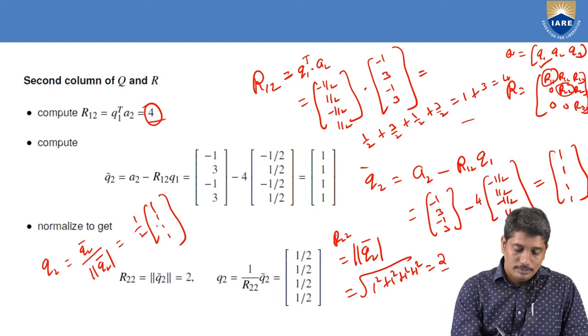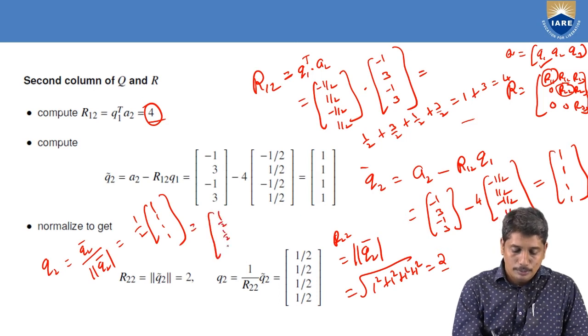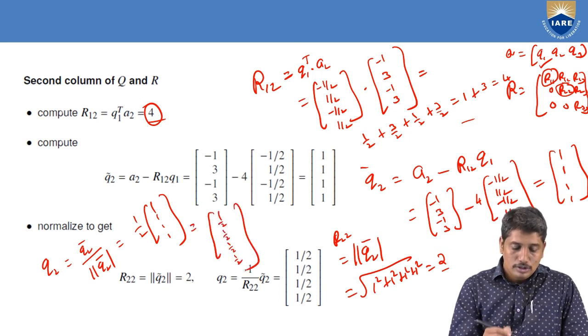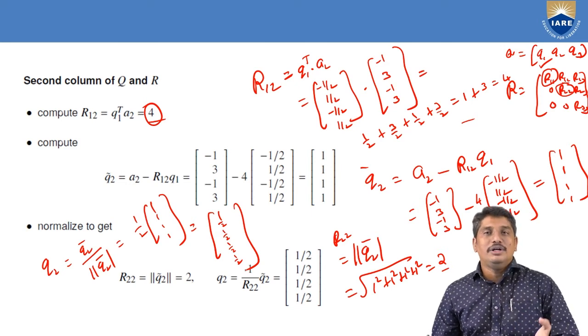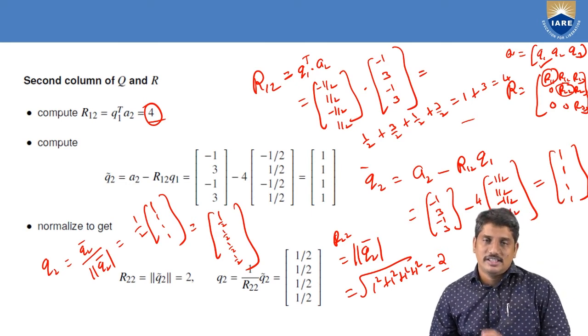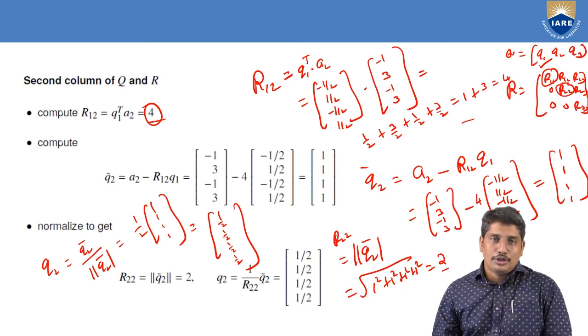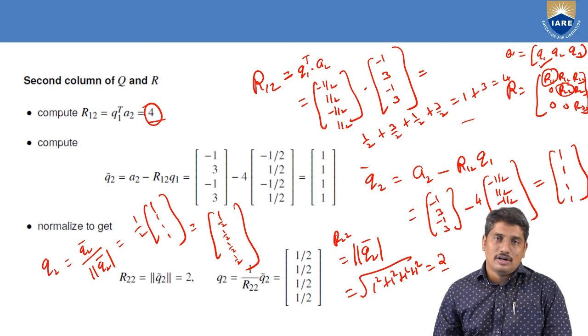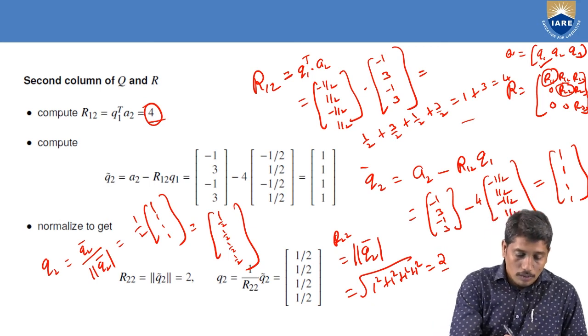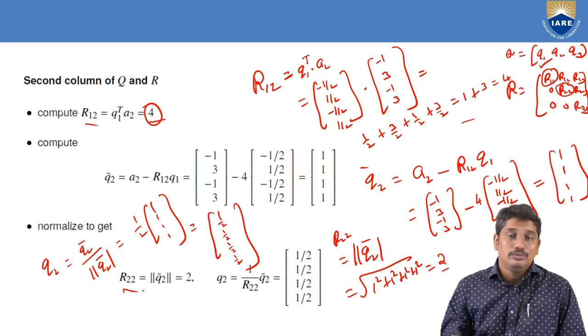So it is 1 by 2, and we get 1 by 2, 1 by 2, 1 by 2, 1 by 2. So this is the way we have completed the second part of calculation. In the second part, we have calculated the vector Q2 and two numbers of the upper triangle matrix R, that is R12 and R22.